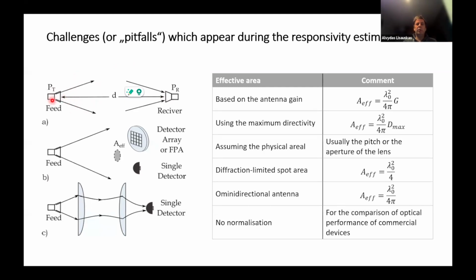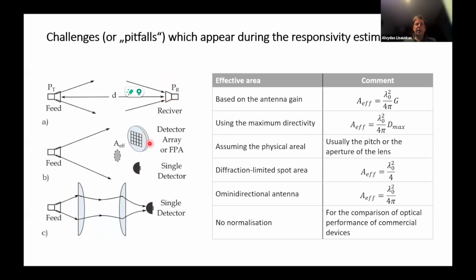If you have your source with well-known emission characteristics and your receiver with well-known receiving characteristics, then you can get an estimation of the power intensity you have here and the effective area of your receiver or detector here.